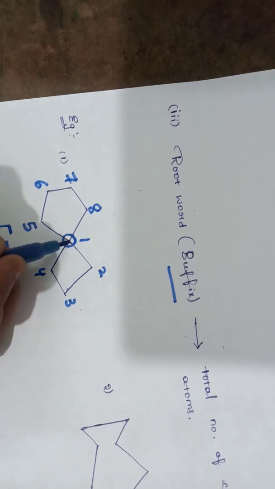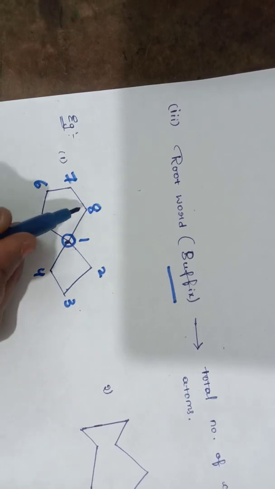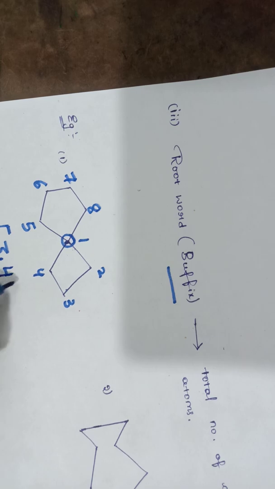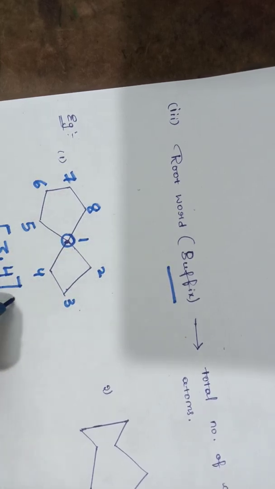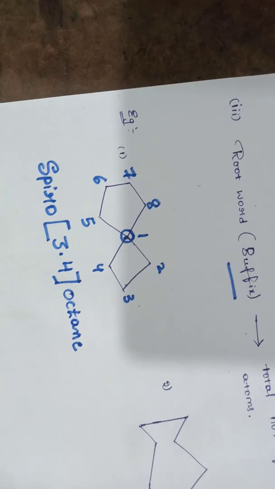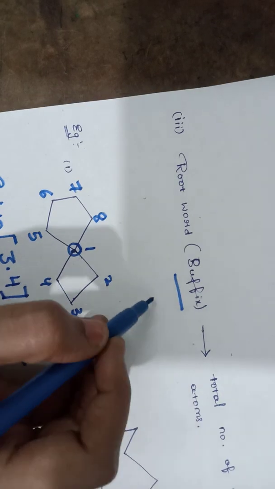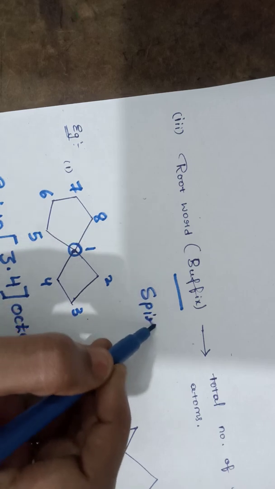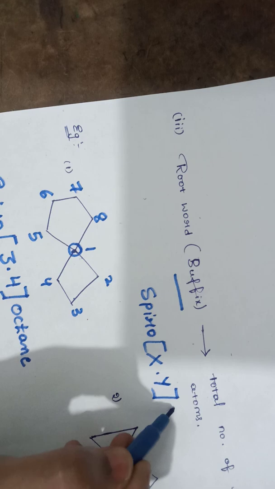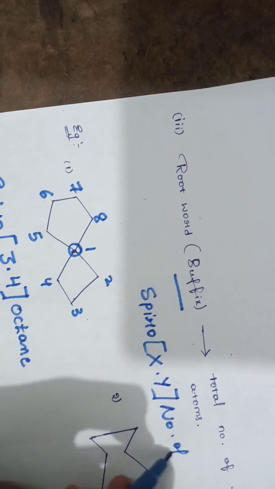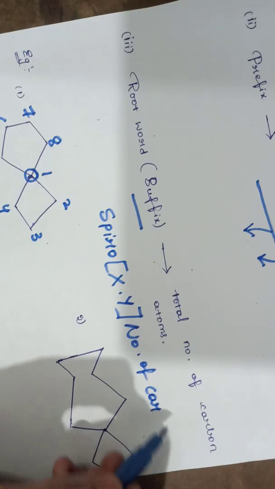Other than this bridgehead carbon in the largest string we are having 4 carbon atoms. So 4. Total number of carbons 8. So octane. Okay, so totally we have to write it as spiro XY number of carbon atoms.